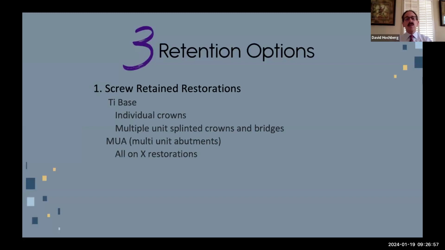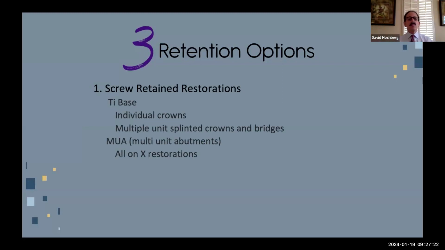A screw retained restoration has cement involved in the restoration. There's something called a tie base, a titanium base. You cannot secure a screw retained restoration and mill in the connection and screw it to place with success. Modulus of elasticity isn't the same between the zirconia and the titanium metal.